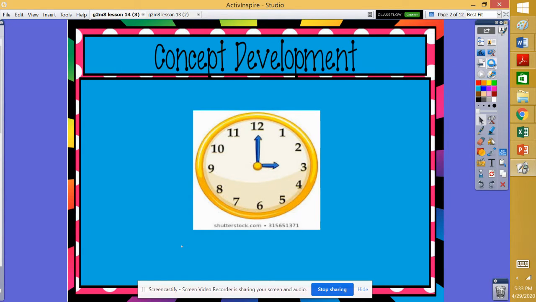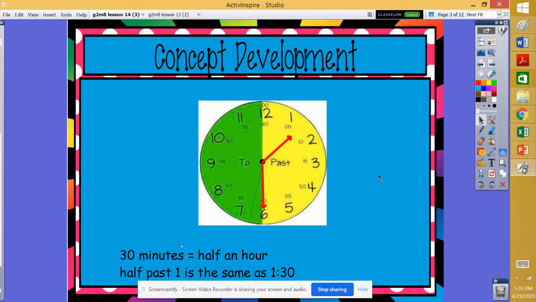Well, we can think of the clock and time in a fractional way, and we can say half past the hour would be how many minutes past the hour? It would be 30 minutes past the hour. Good job, because half of 60 minutes would be 30 minutes.